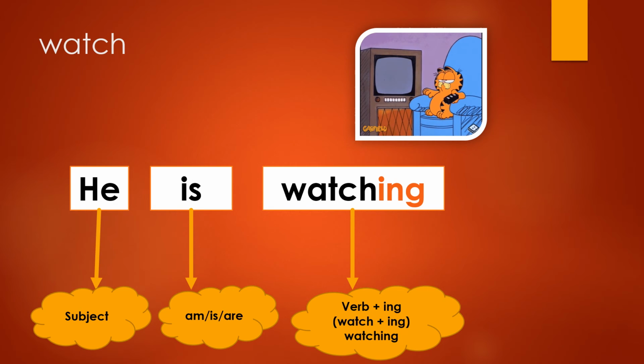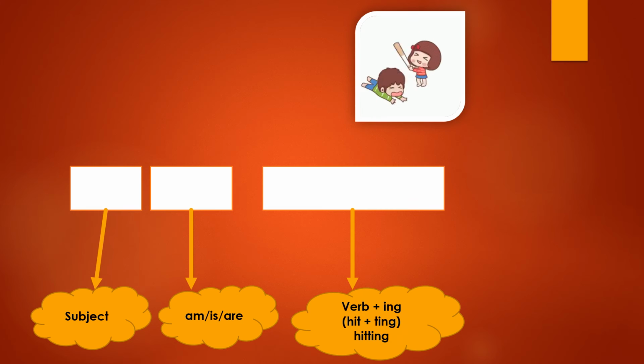The end of the verb watch is the letter h. So what we have to do is just add ing. He is watching. How to write it short? He's watching TV. This is the verb hit.